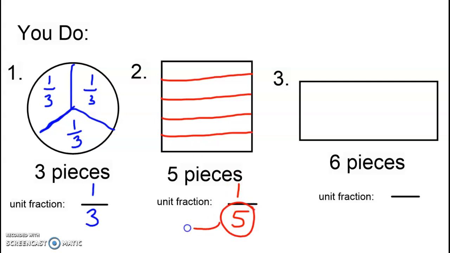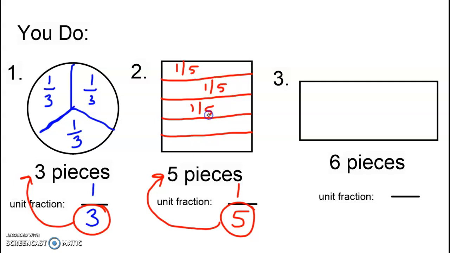So notice that bottom number is always the same as the number of pieces we're breaking our shape into. So again, any one of these I could label 1/5. Doesn't matter which one, all 5 are equal to 1/5.